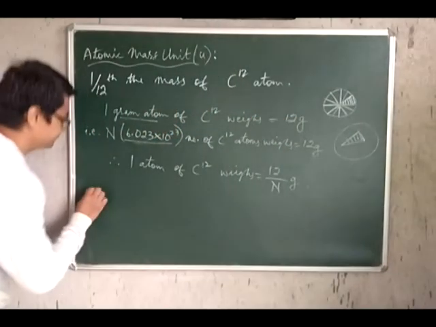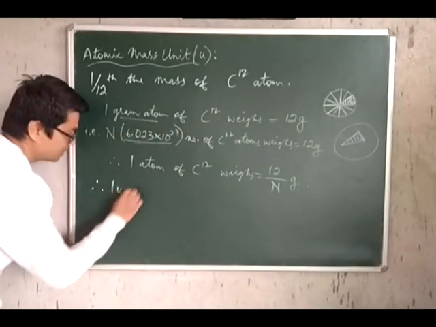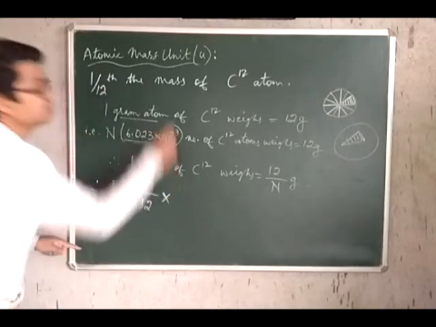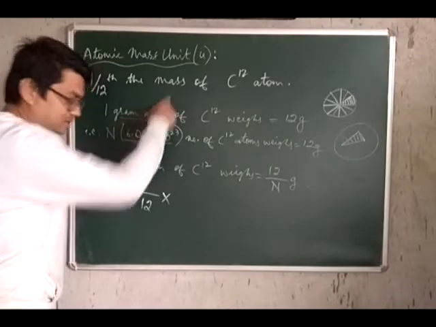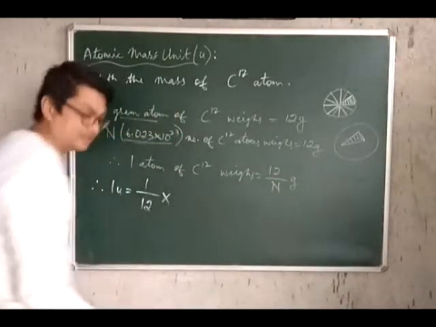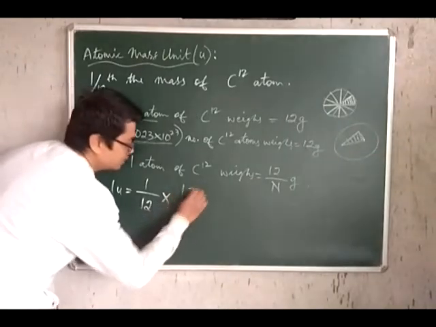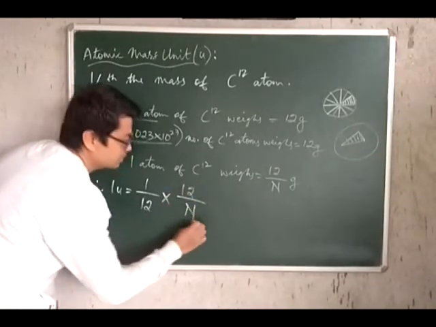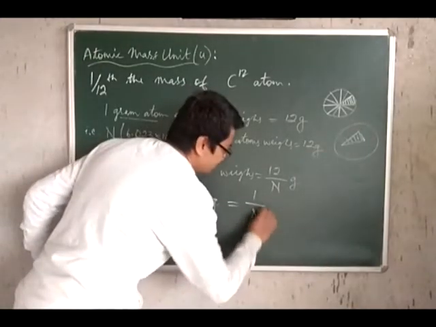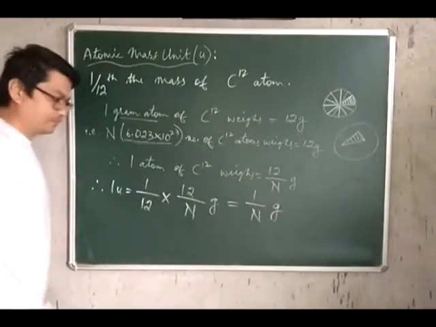Okay. So therefore, what is 1U? 1U is 1/12 the mass of a carbon-12 atom. Now the mass of one atom of carbon 12 is 12 by N grams. So 1/12 part of 12 by N grams comes out to be 1 by N gram.